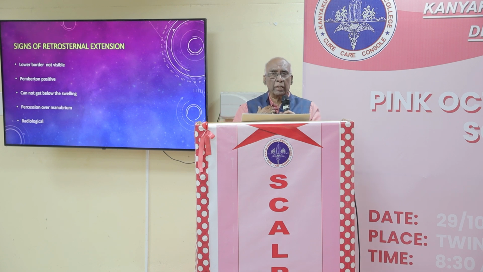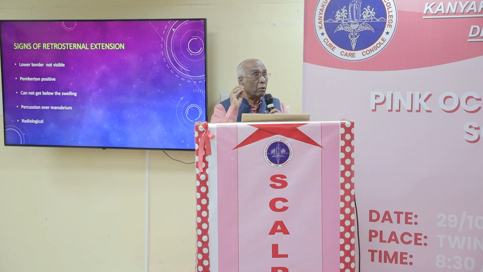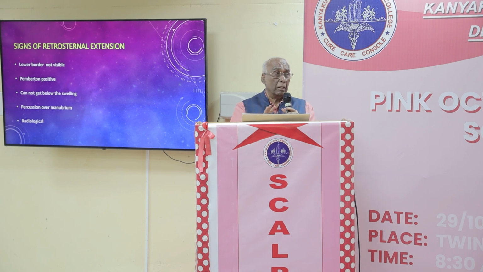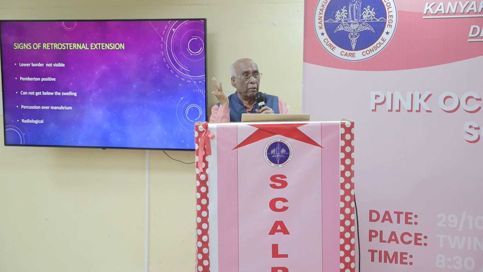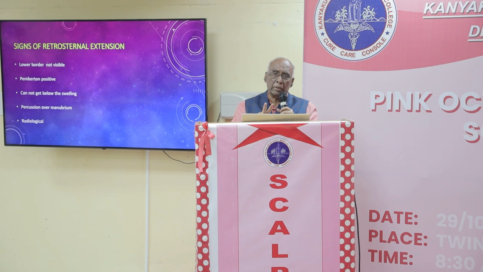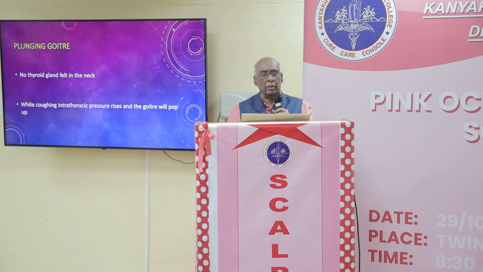Confirmation of retrosternal extension is by radiological examination, including a CT if you suspect. Routinely we don't say CT as part of thyroid investigation. The only two indications are retrosternal extension and malignancy, to rule out infiltration of the surrounding structures.